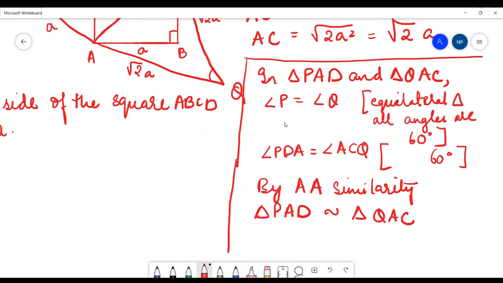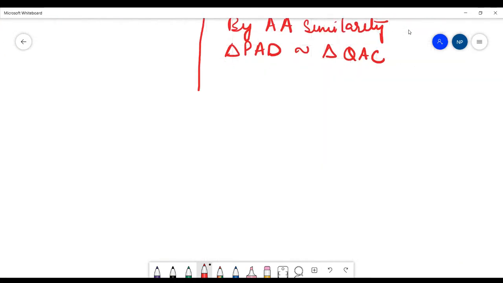Now we have proved that these two triangles are similar. So, area of triangle PAD upon area of triangle QAC is equal to the square of the ratio of the corresponding sides.